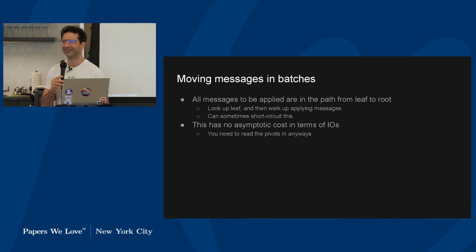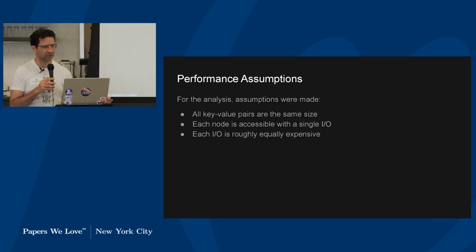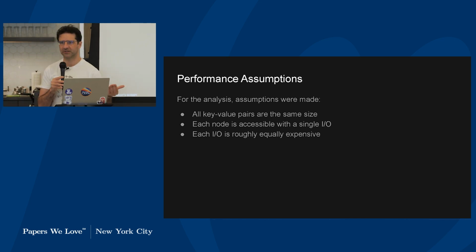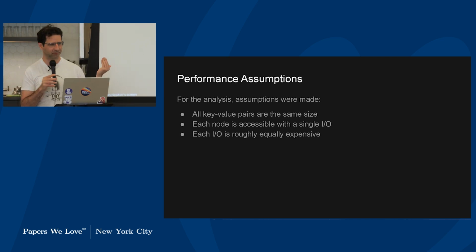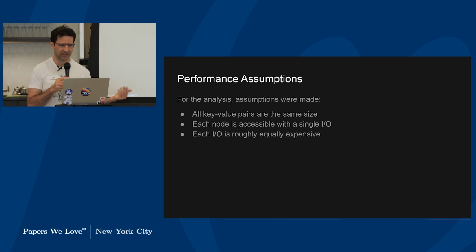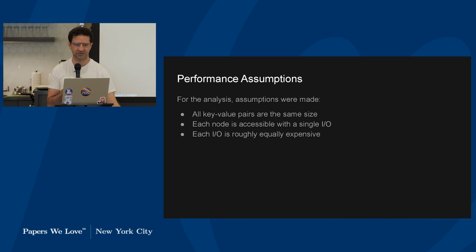Gotta love theory. Okay, so when talking about this, I just mentioned a number of performance assumptions. For the analysis, which is the next slide, in theory, just to make all the math work out nicely and get rid of a whole bunch of weirdness, they make a bunch of simplifying assumptions.